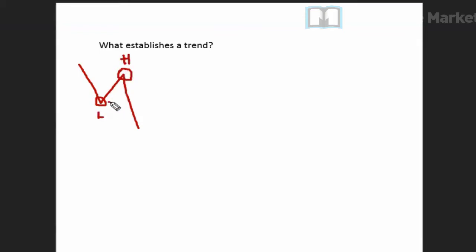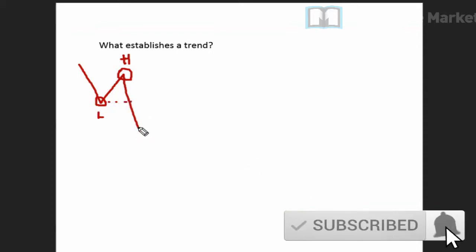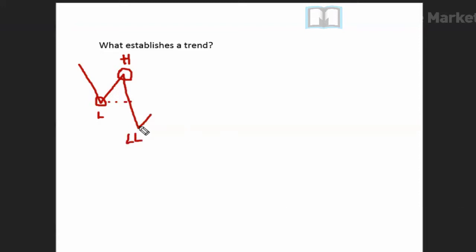And then this low gets taken out, forming a bottom, which is a lower low. This high then does not get taken out, forming a lower high.